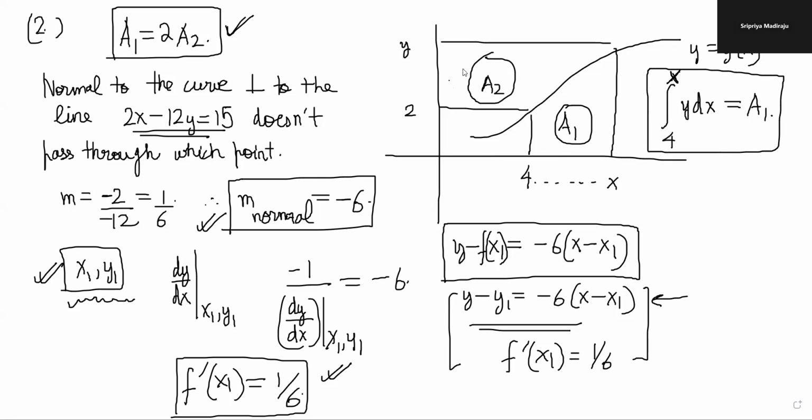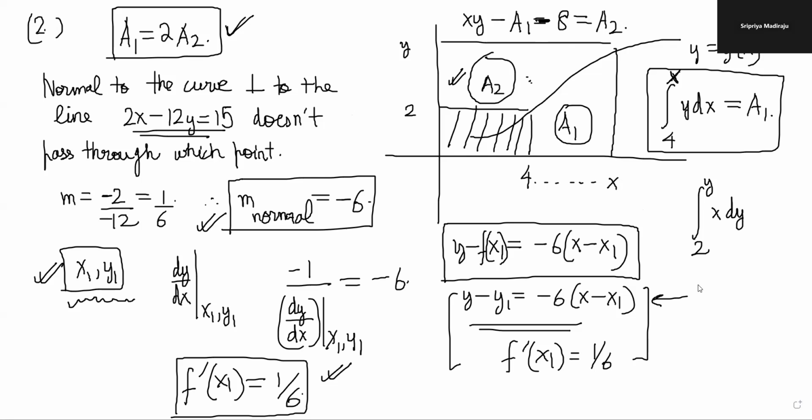Now, A2, you can do a direct integration from 2 to y of x dy, or you can write A2 in terms of A1. The overall area of the rectangle is xy, minus A1, is A2, and then minus the rectangle of area 8. So xy minus A1 minus 8.